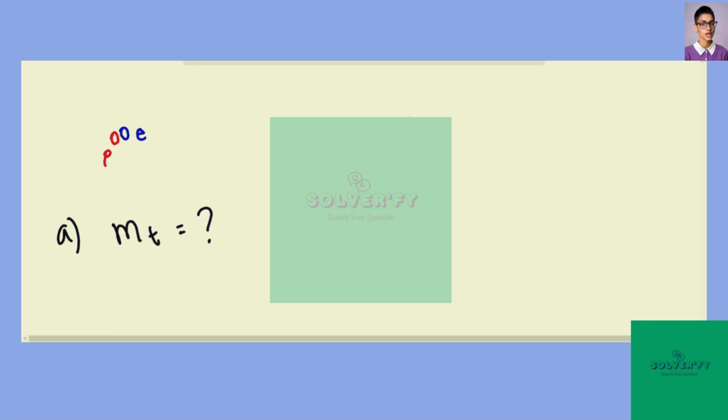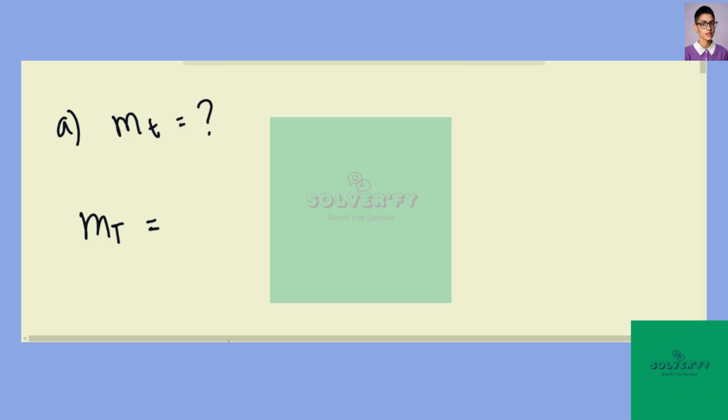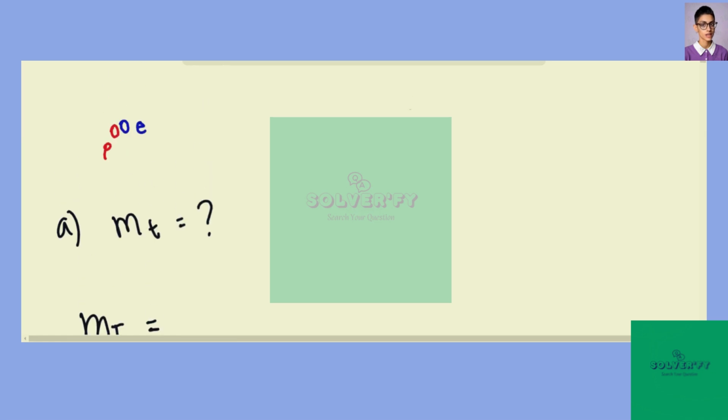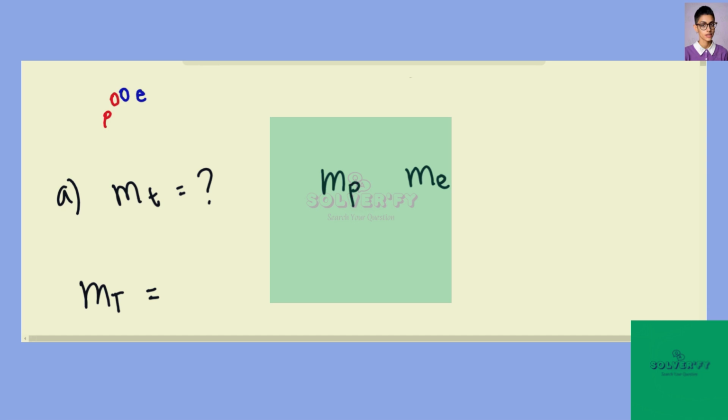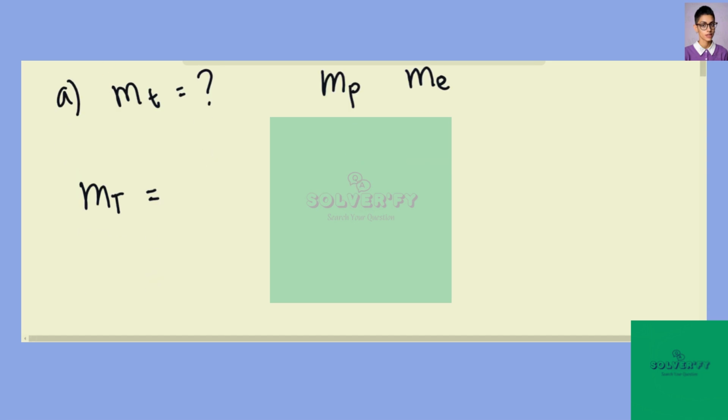Now, the formula for the reduced mass is given like the following. Because the system is composed of a positron and an electron, we are going to call the mass of the positron MP and the mass of the electron ME. So the formula for the reduced mass is MP times ME, over the sum of these masses, MP plus ME.